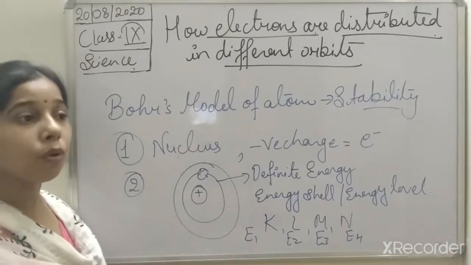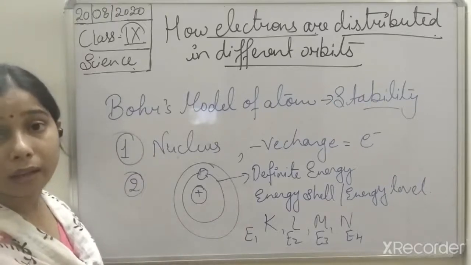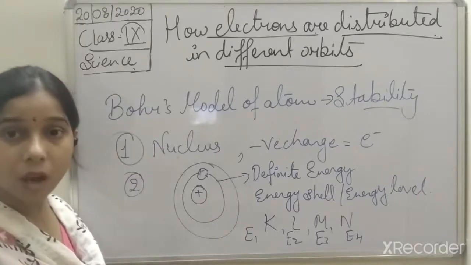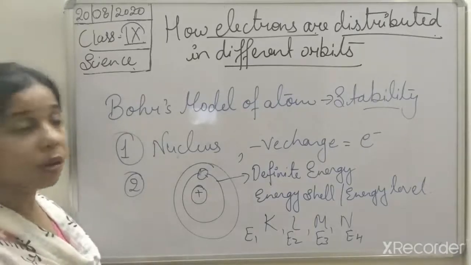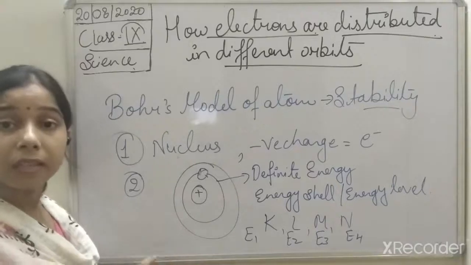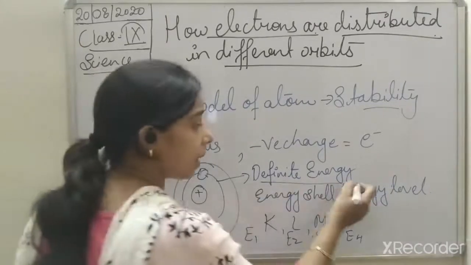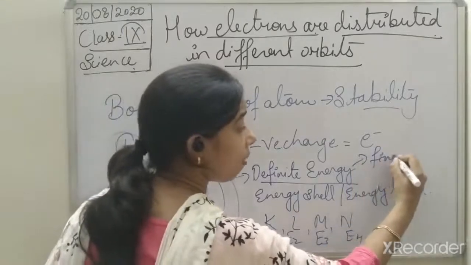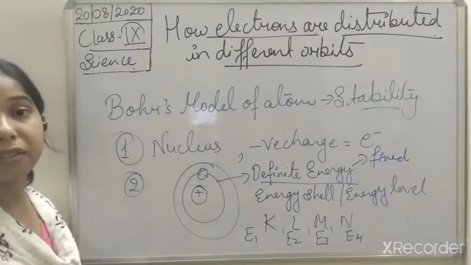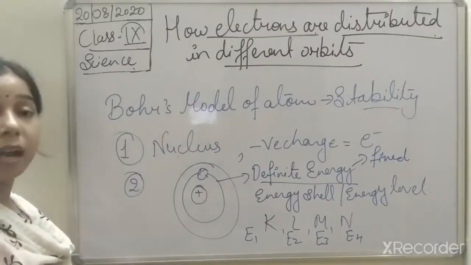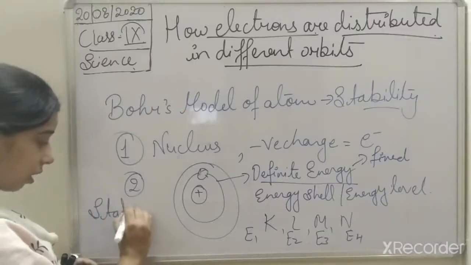So there will be no loss or gain of energy when an electron revolves around an energy shell or energy level. Why is this so, students? It is because these energy shells, these energy levels, have a fixed, definite energy. Since they have fixed energy, we use another term for them, and that is stationary orbit.